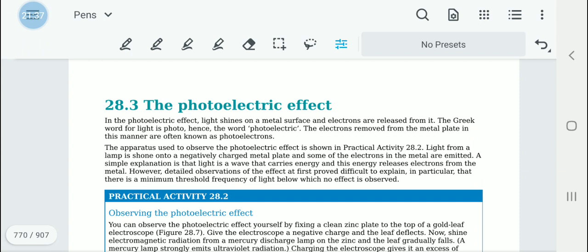When light is shone on a metal, electrons are removed from the metal plate.